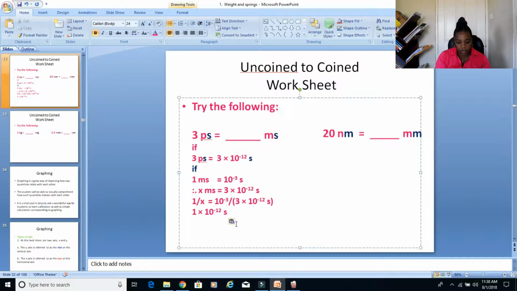control paste, 1 times 3 times 10 to the 12 seconds. Remember the seconds cancel out, because the one is under the other.